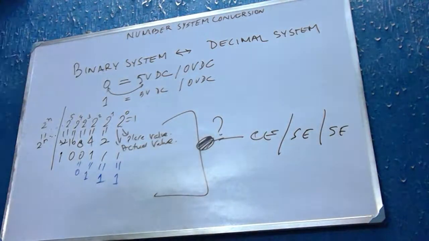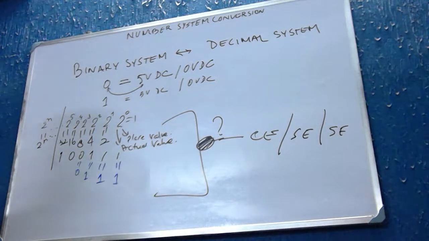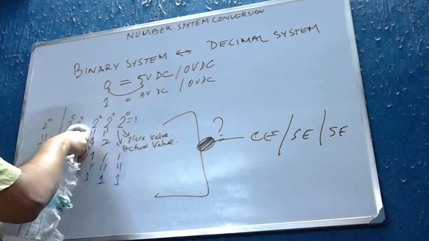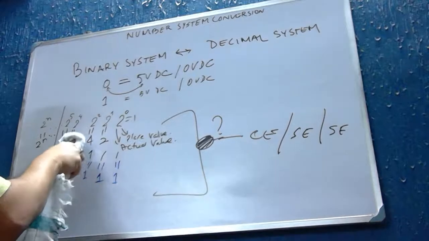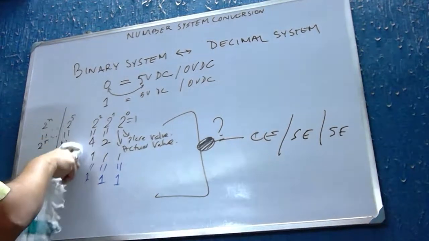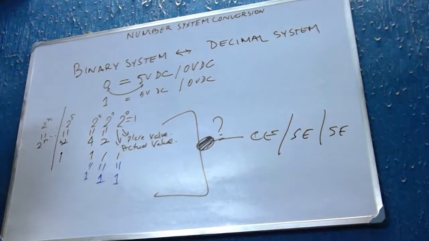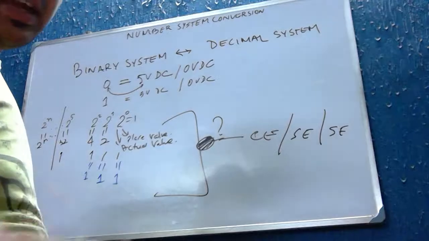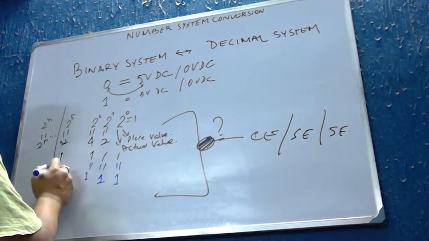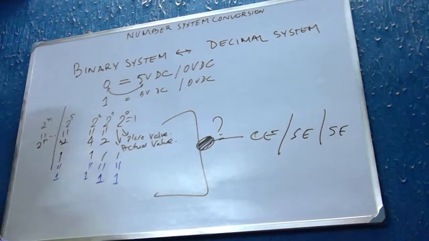So what I will do is simply remove it. 2 to the power 3, that is 8, is not required as 0. 2 to the power 4, 16, is not required as 0. But 2 to the power 5, that is 32, is there. So that is required, so you have it as 1.